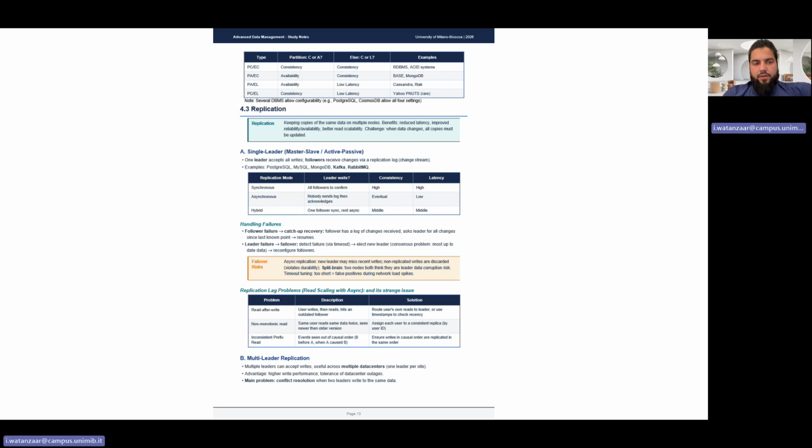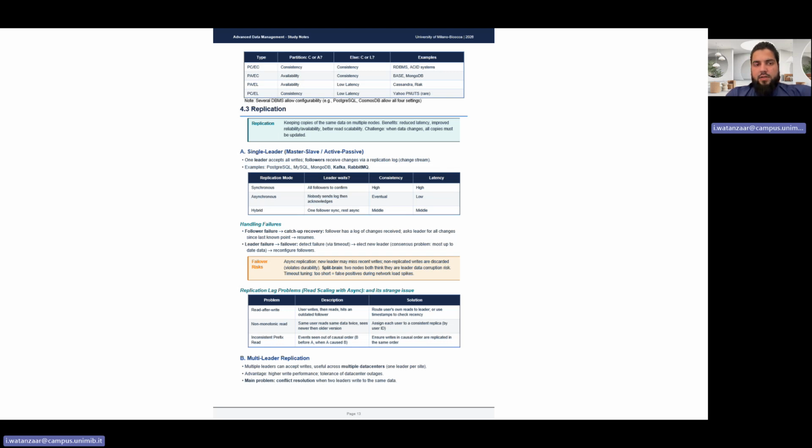Now we are going further. Replication lag and read scaling with asynchronous replication. Replication lag means the followers serving read-only queries can have outdated data.